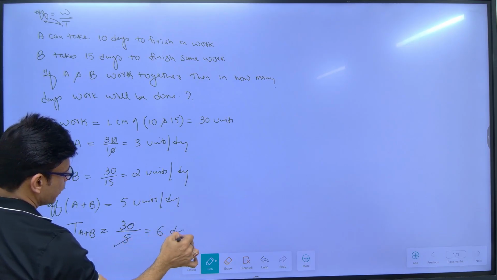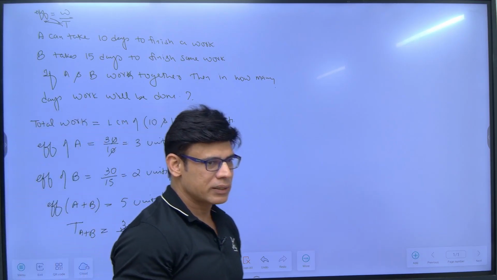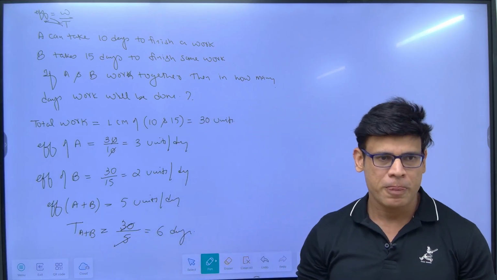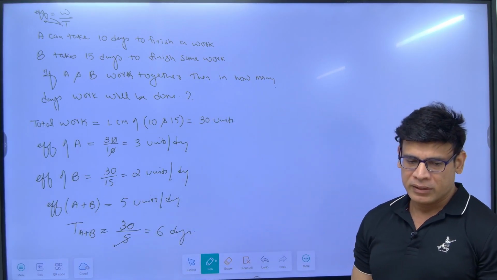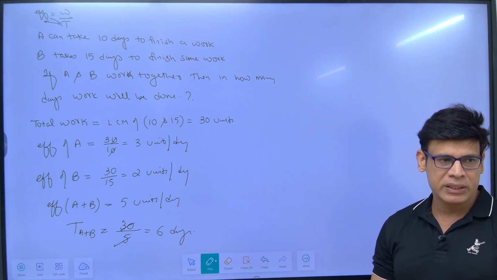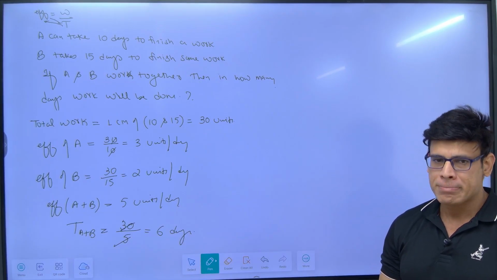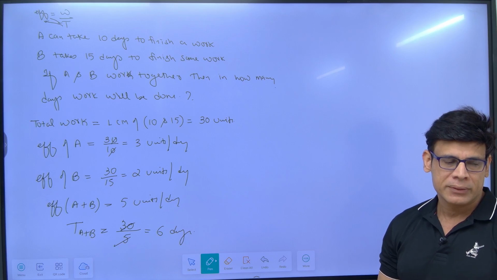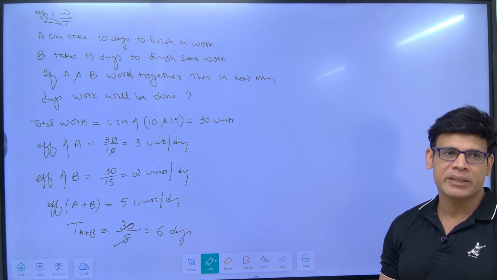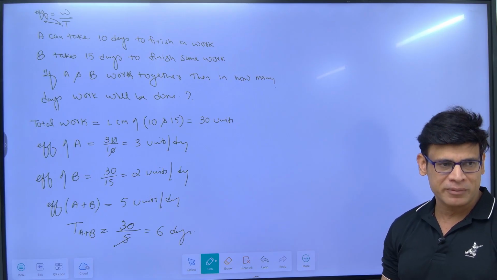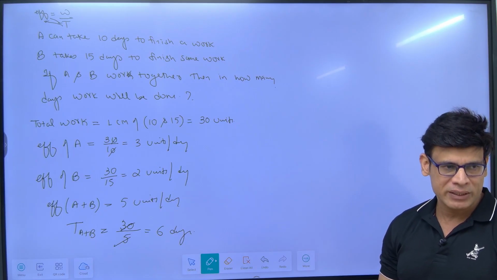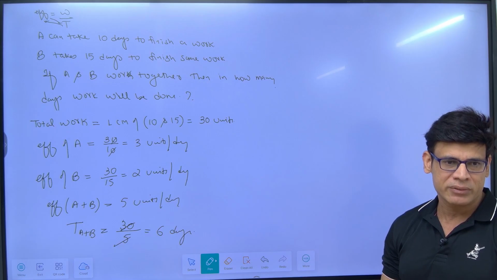This also gives you 6 days, right? So here you are removing the fraction. It's basically the same thing, but you are not using fractions. Directly using integers to find your answers.